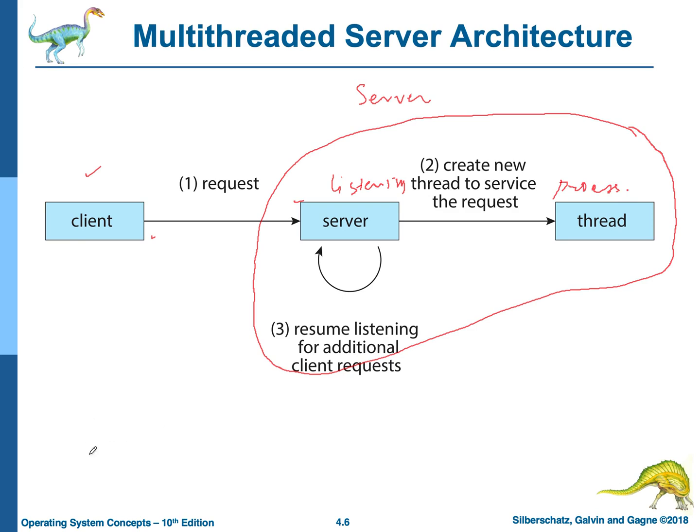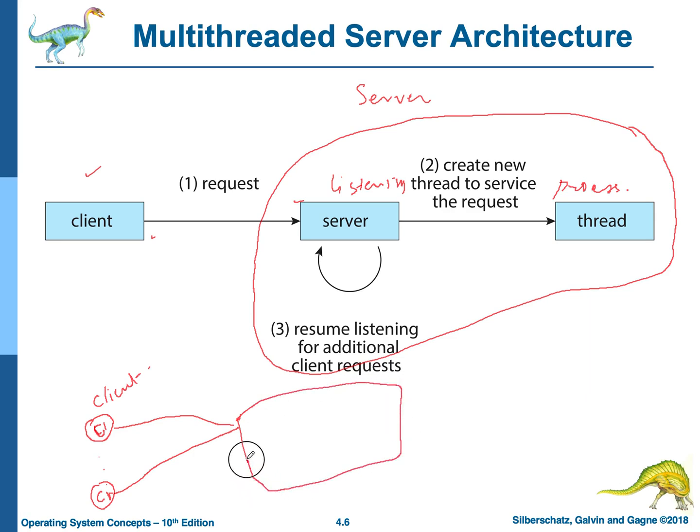If we redraw this picture for better understanding, we have a client here, and maybe we might have multiple clients, C1 to Cn. These clients send requests to the server, where the server has two kinds of threads.